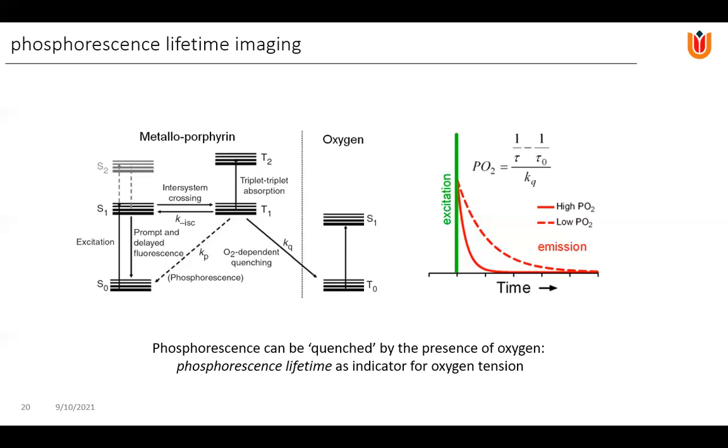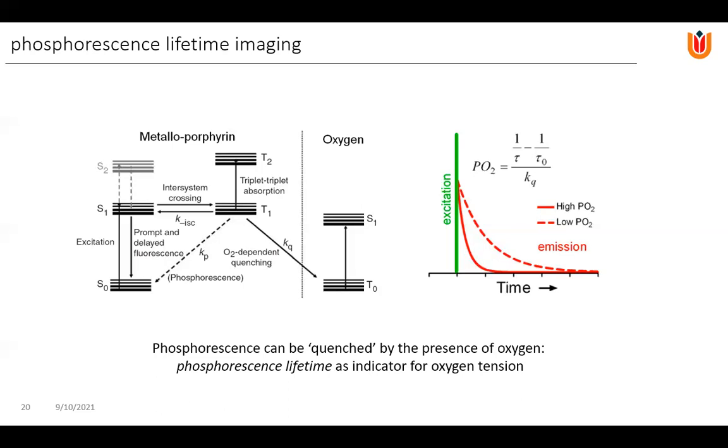So basically you can go both ways. It can either go back to the ground state and emit the photon, or the energy can be transferred to the oxygen. So what we have is a very indirect way of measuring how much oxygen is present in the tissue.